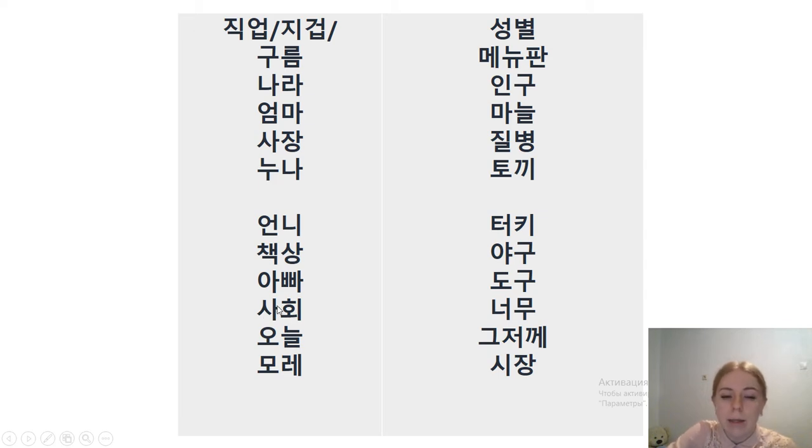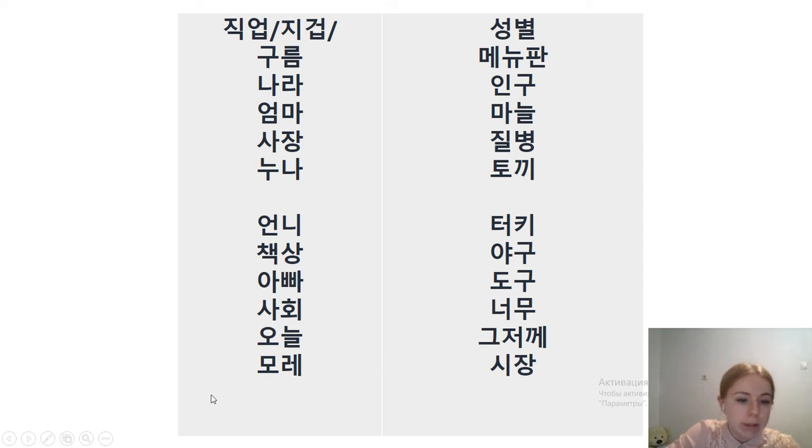I didn't make an accent on the consonant h, so it's not hue or something like that. It's like softly hue, softly and short. 사회, 회. But I didn't say he or hoe or hue. And the next one is 오늘.